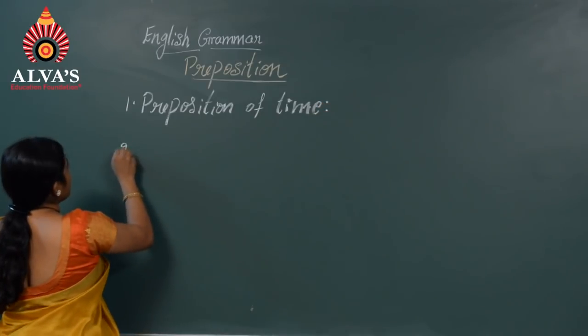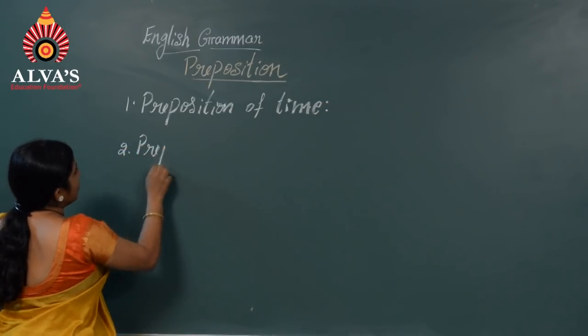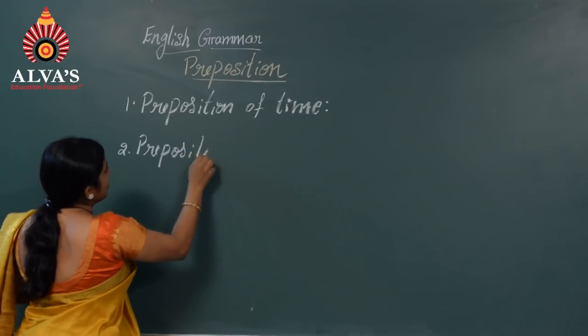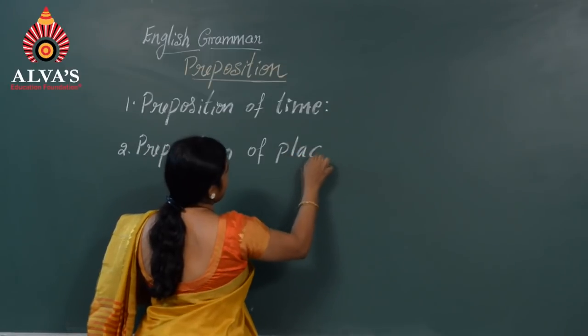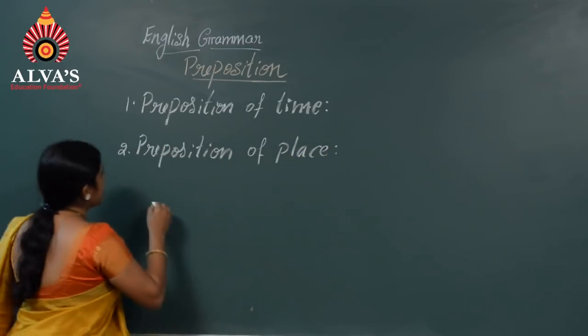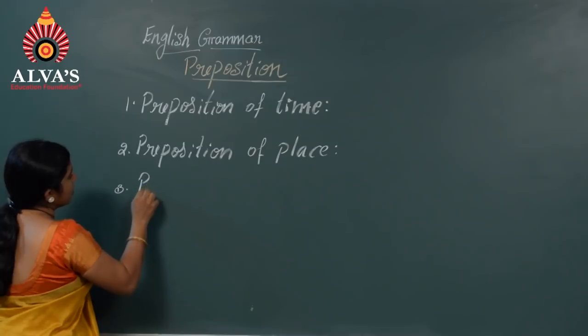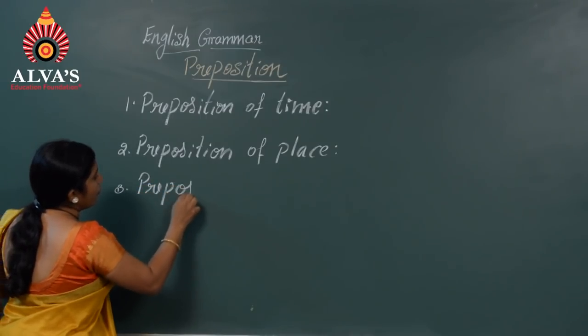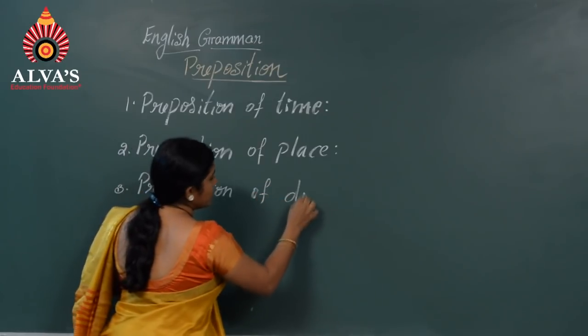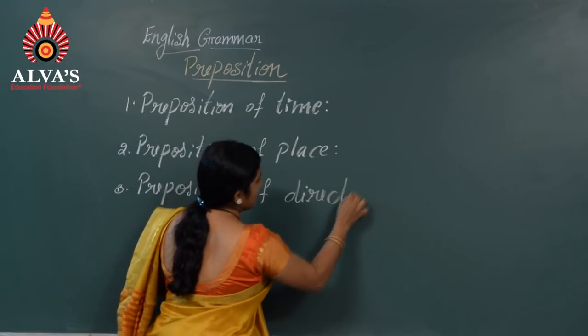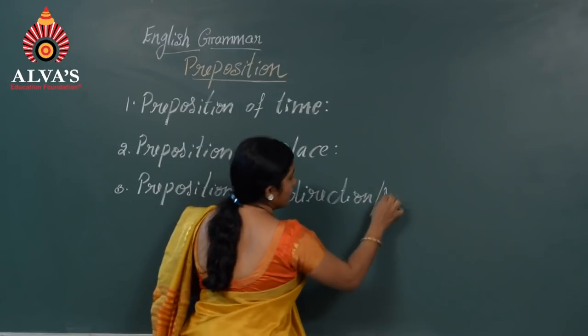Number 2, preposition of place. Number 3, preposition of direction or movement.